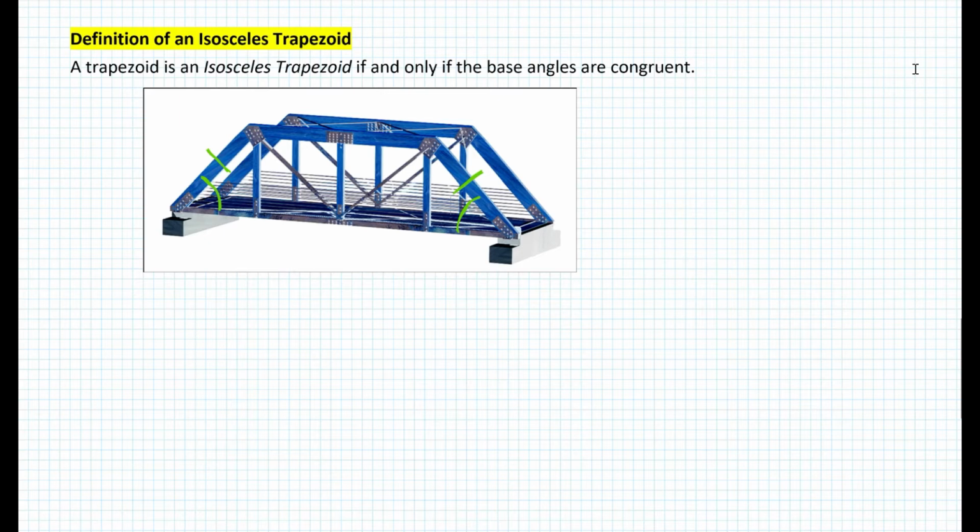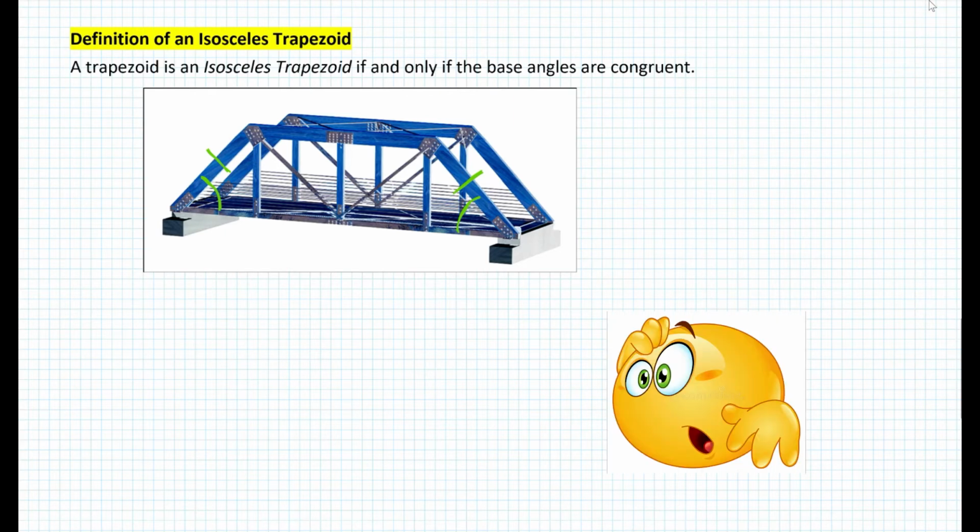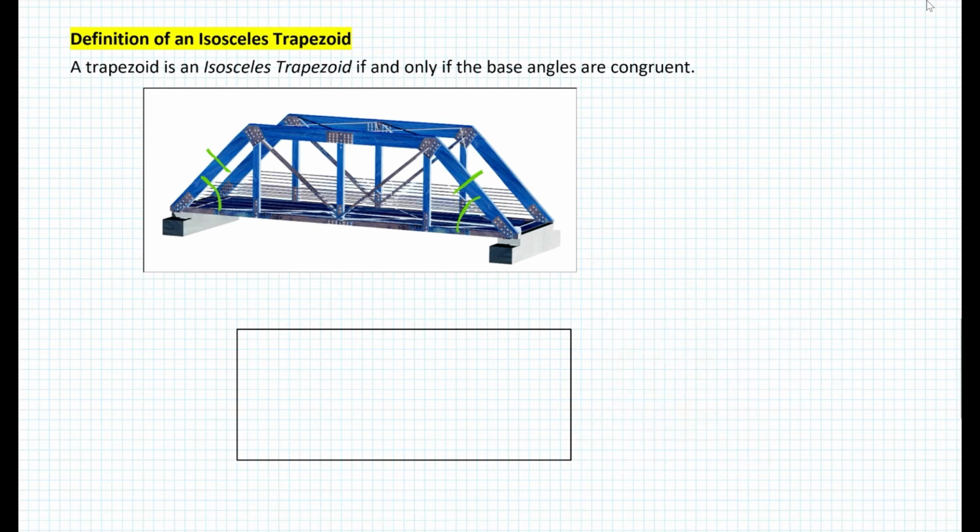So if the definition states that a trapezoid has at least one pair of opposite parallel sides, then what other shape could this be such that it's still considered an isosceles trapezoid? Yeah, that's right, a rectangle. If we look at this rectangle here, why can we say that this is also considered an isosceles trapezoid?